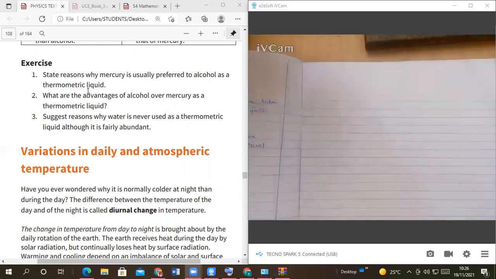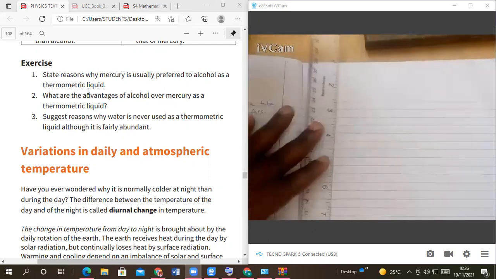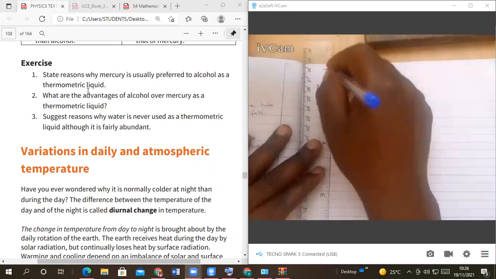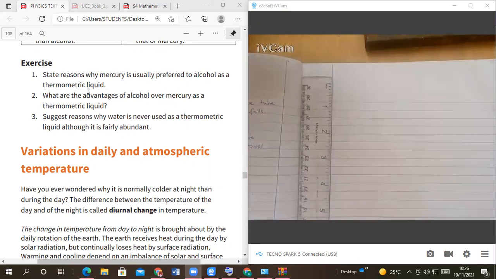And we named different factors that give rise to the variation of that temperature or the change in temperature around us or in the atmosphere. One of them was the altitude.